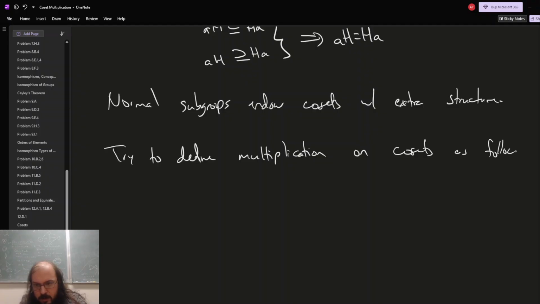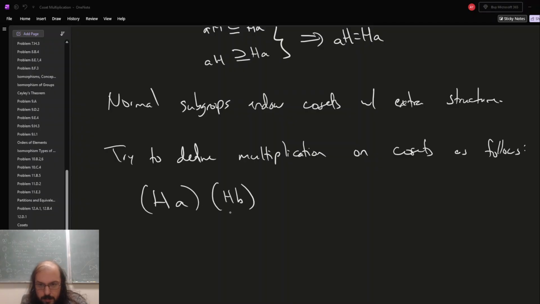And it seems to me that the natural way to do that is to say, if I have a coset Ha and a coset Hb, the reasonable way to define this, I'll put a question mark since it's not currently clear, would be to write this as H times the coset of ab.